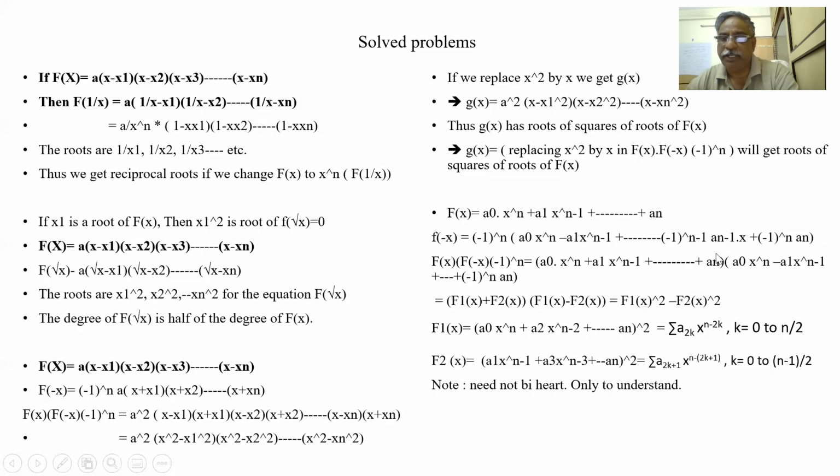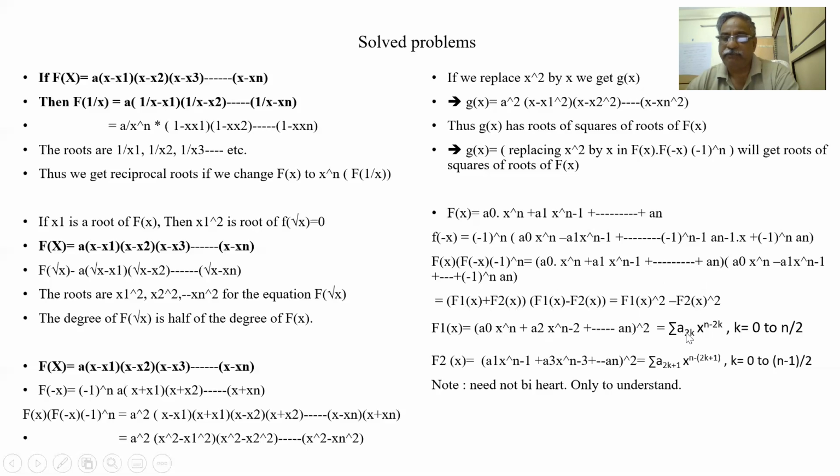So when I am multiplying these two, if I put all plus terms as f1(x), a0 x to the power of n plus a2 x to the power of n minus 2, all positive terms as f1, all negative terms as f2. So f1 plus f2 into f1 minus f2, that is f1 square minus f2 square.